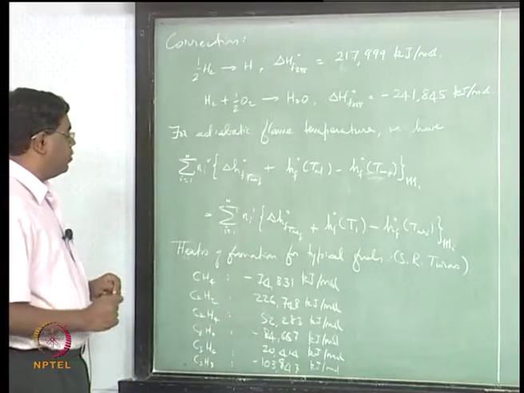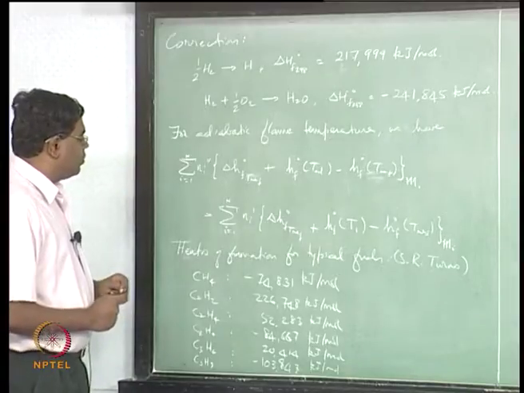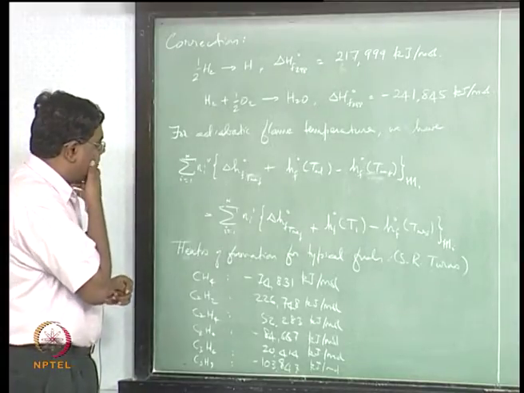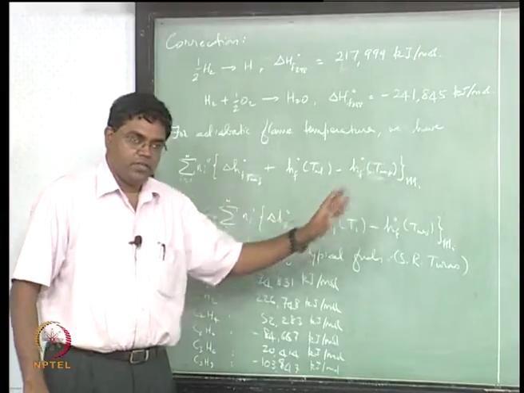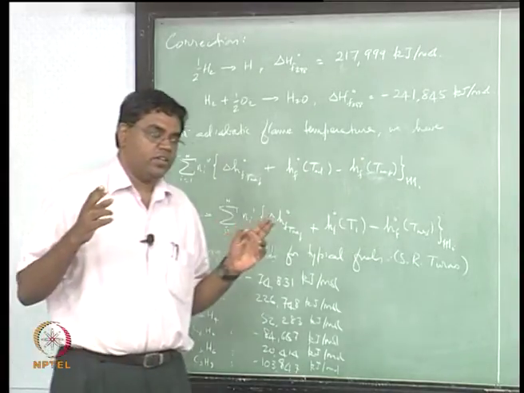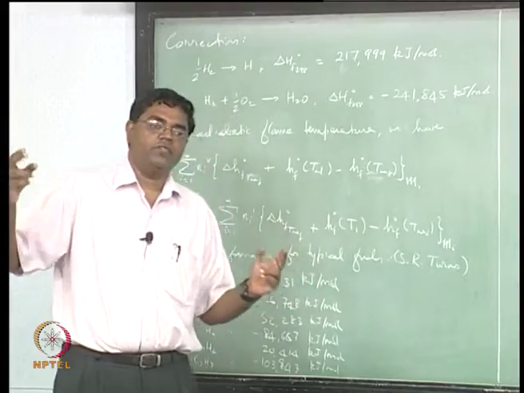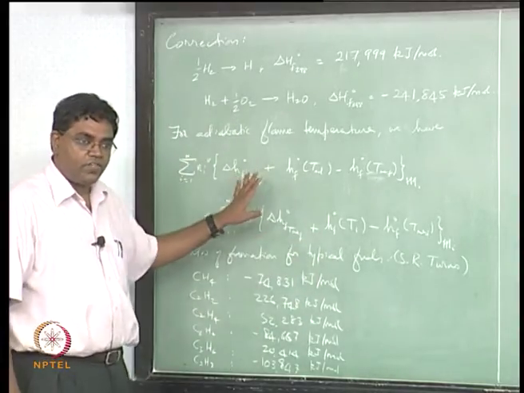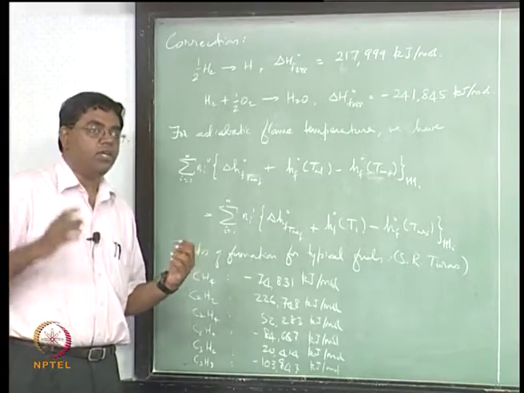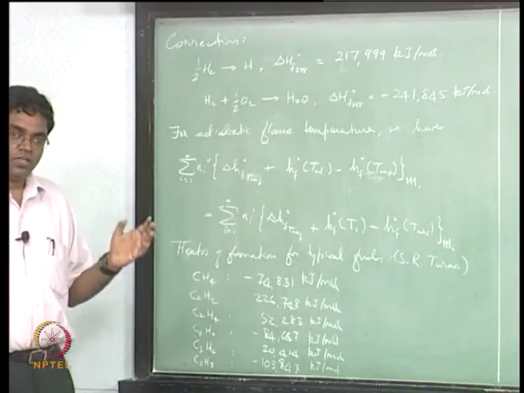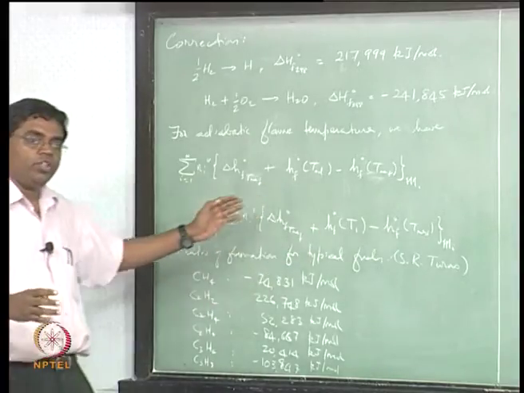This is one point that I wanted to make. The second point I wanted to make today is that by looking at it this way, we are constructing a hypothetical set of reactions that don't exist in reality, but are somewhat in our minds for thermodynamic convenience, because in thermodynamics we are dealing with enthalpies here.